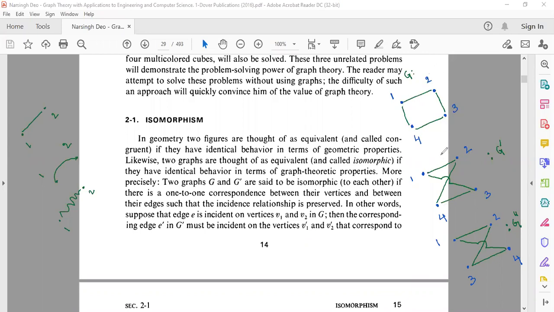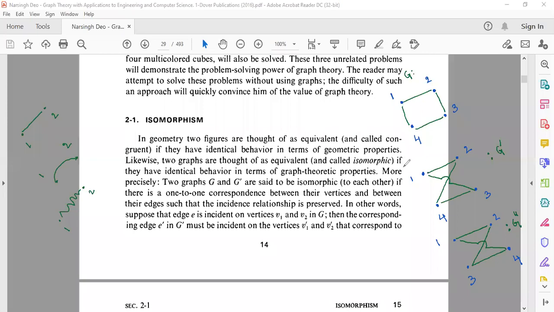You can join them in the following manner also. And here the edges give you the connectivity between the vertices. Now the question is, suppose on my chip I want this type of embedding, 1, 2, 3, 4. Now somebody is embedding the thing in the following manner: 1, 2, 4, 3. And somebody is embedding in the following manner: 1, 2, 3, 4.